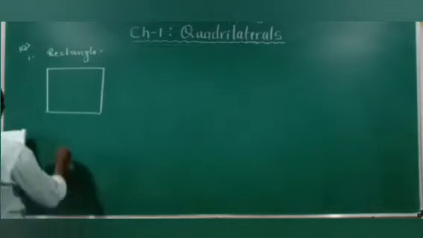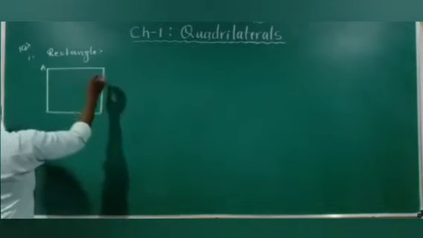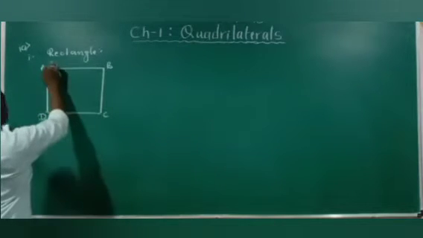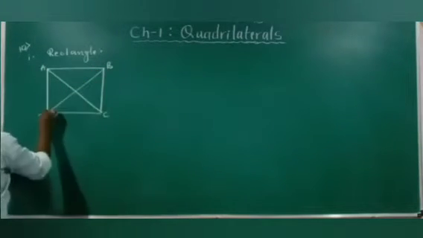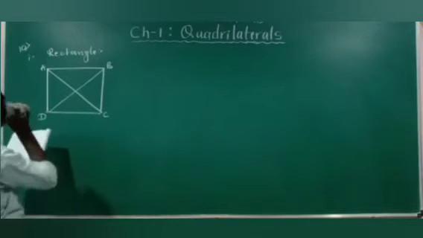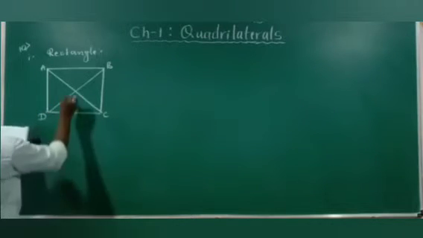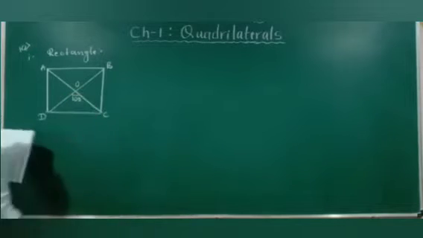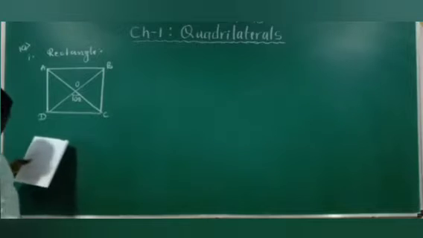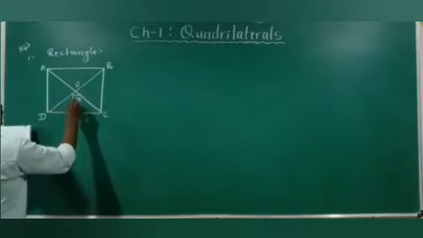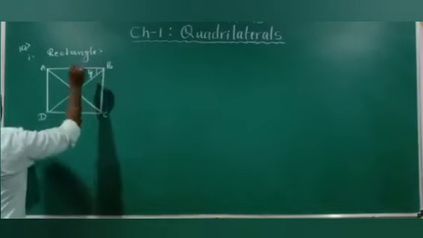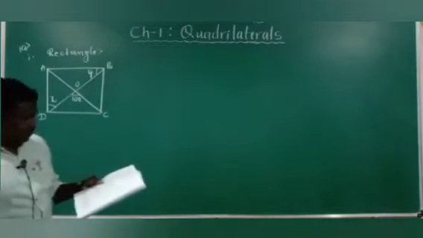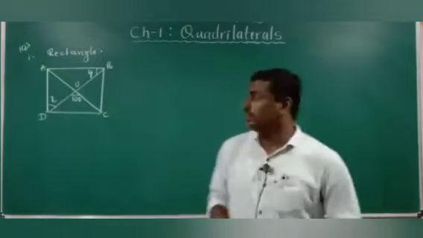Here ABCD is a rectangle. The diagonals AC and BD intersect at point O. It makes an angle 100 at point O, and this is Y, and this angle becomes X. So you need to find the X and Y value.